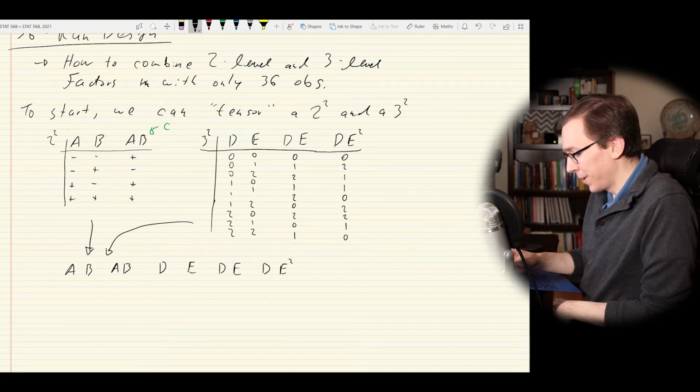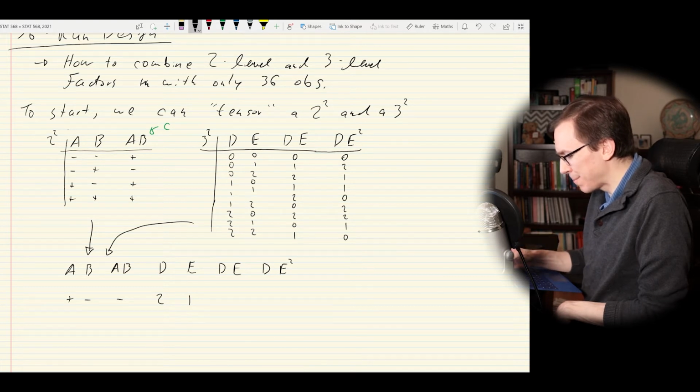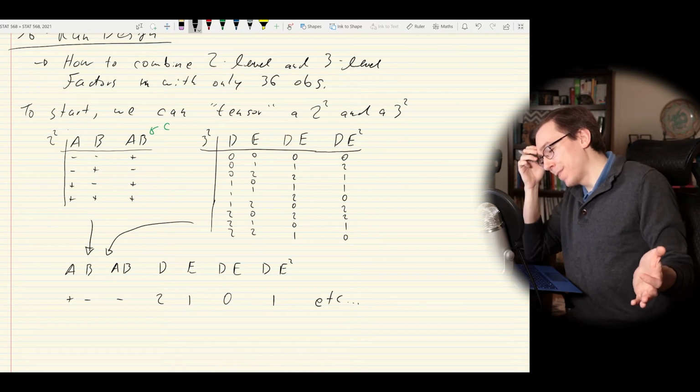And then I can just start filling them in, they'd be plus and minus, and then 2 and 1, and whatever 2 and 1 combined to get 0 and 1, etc. And in this case, I would have my 36 observations.